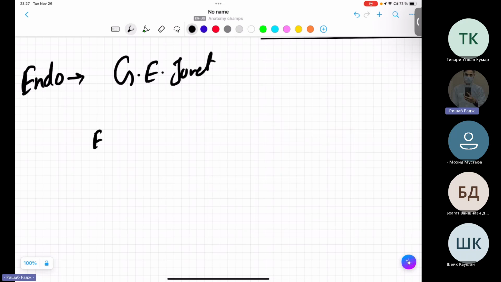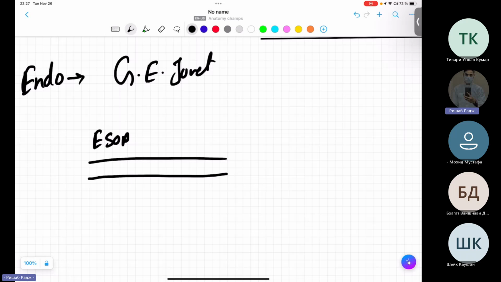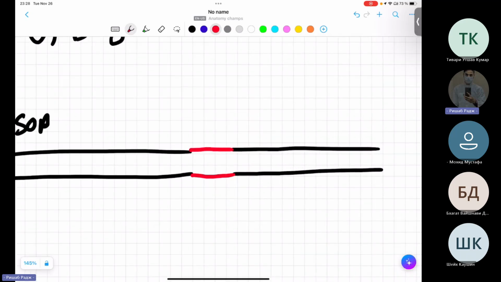Suppose this is your esophagus and this is your stomach. Here you will have this border. You can say this is your sphincter, but you have to say specifically how.